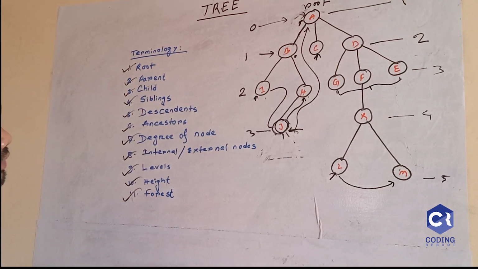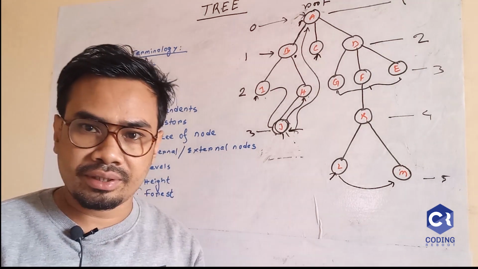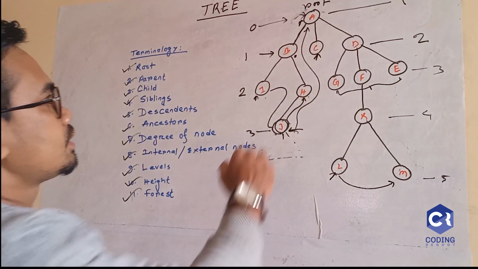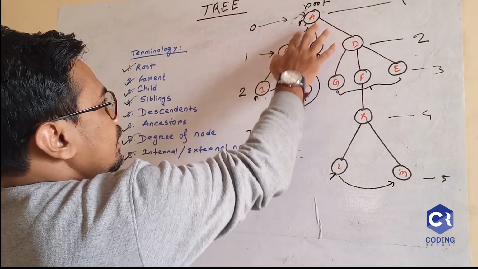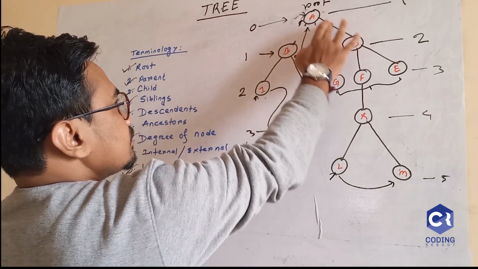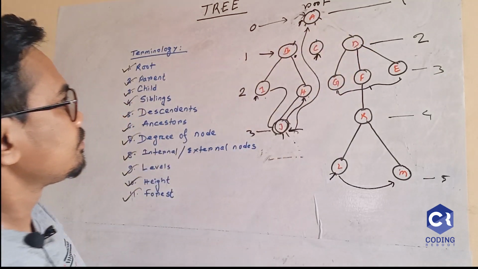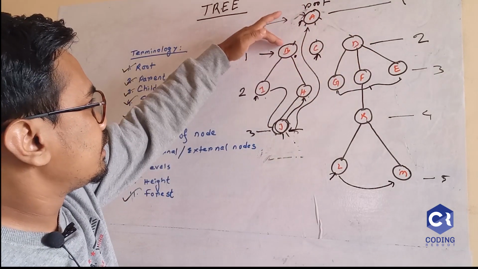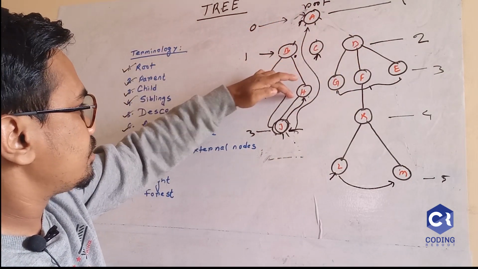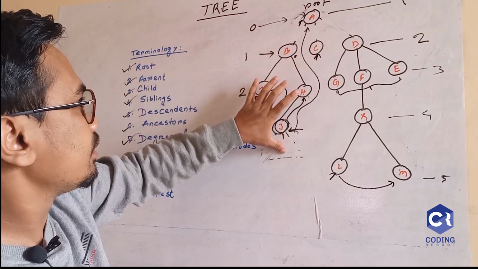And what about the forest? A forest is a collection of trees. Suppose if you disconnect this edge, if you consider only B, I, H and J, this is a tree.